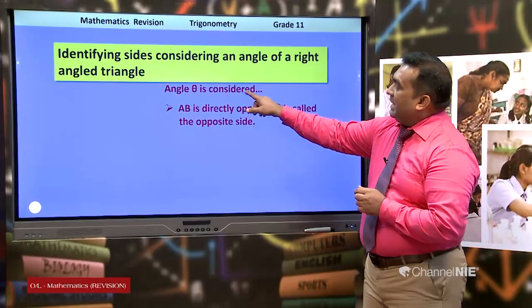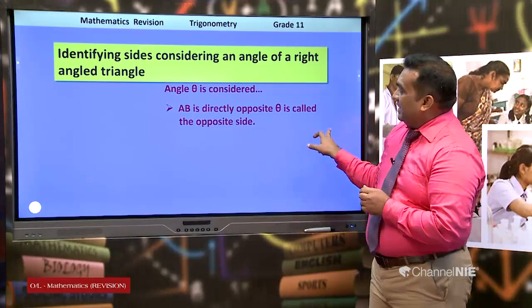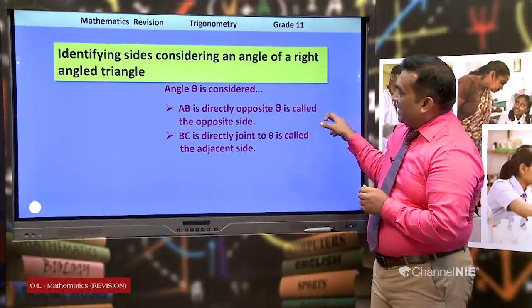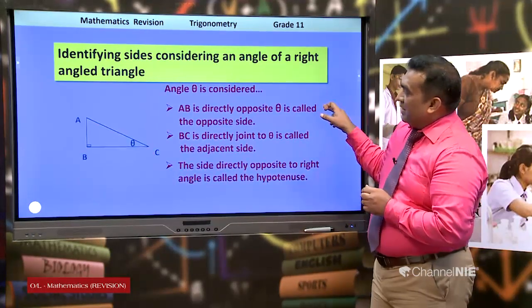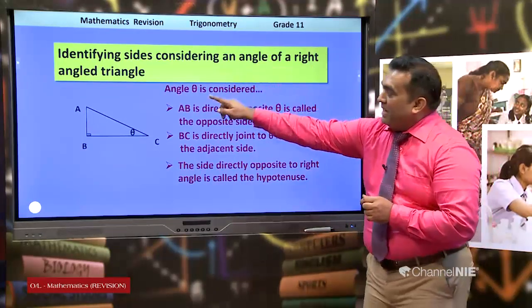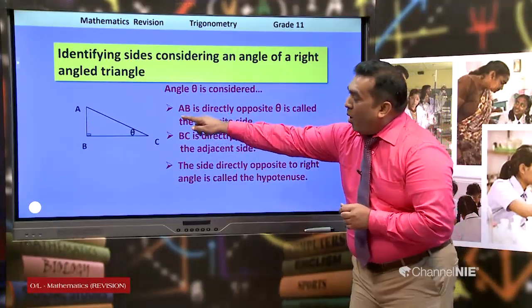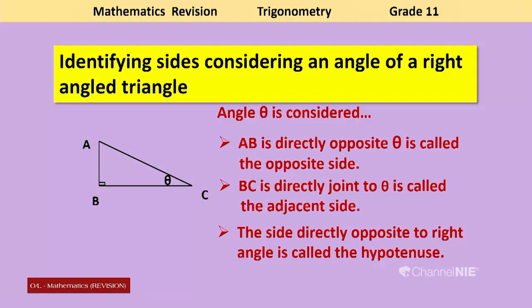Angle theta is considered. Then AB is directly opposite to the angle we considered. As a result of that, AB is called the opposite side.